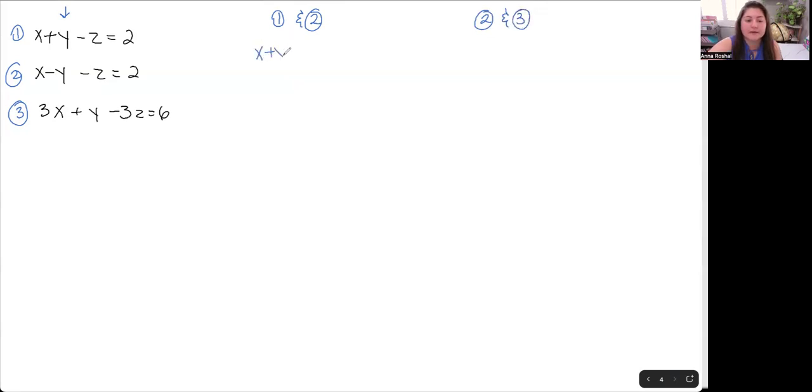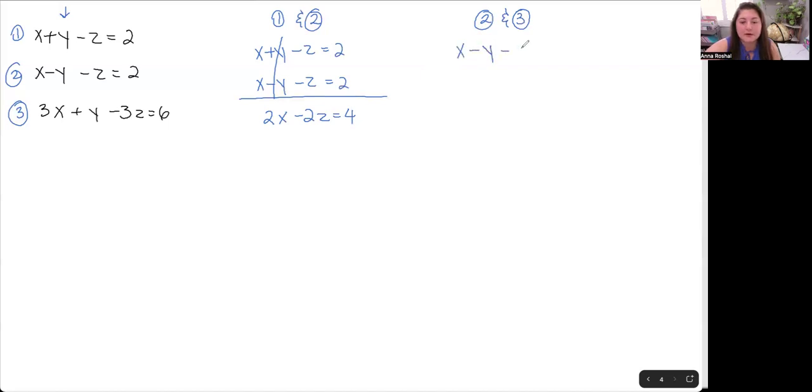I'm going to have x plus y minus z equals 2. x minus y minus z equals 2. In here, the y's will eliminate. So I'll be left with 2x minus 2z equals 4.